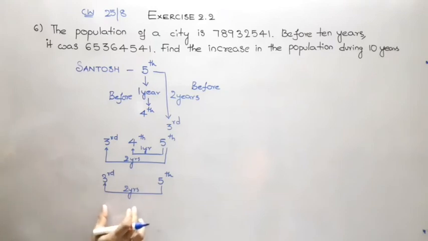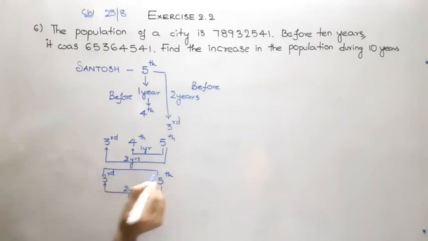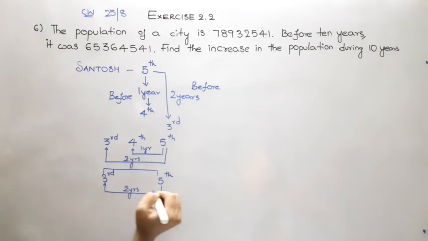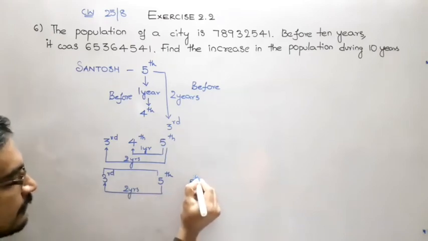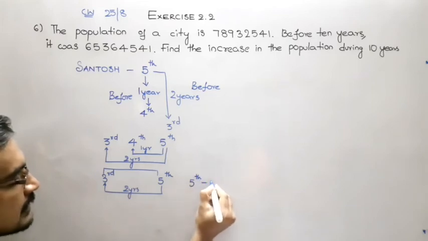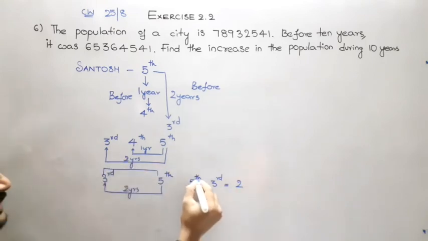If I ask him, what is the increase in classes from 3rd class to 5th class? He will say 2 years. How? This 5th class minus 3rd class is equal to 2. So the increase in standard from 3rd to 5th is 2. I hope you are clear.